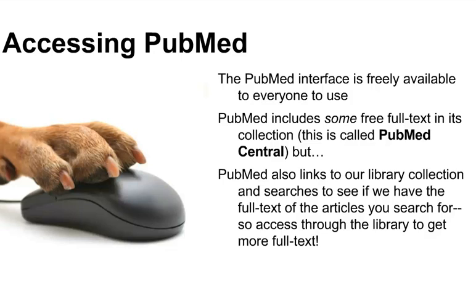And so PubMed does include some free full text for everybody to have, and this subset of PubMed is called PubMed Central. But if you access PubMed through our library, what it does is it then connects you to all of our database subscriptions and all of our journal subscriptions. And what this does is that it allows you to get many more full text articles that way for free because you're accessing it through our library's subscriptions.